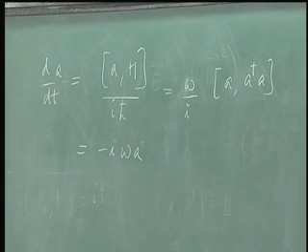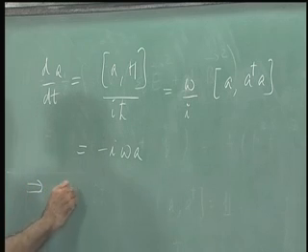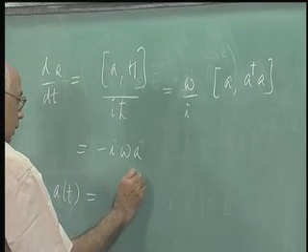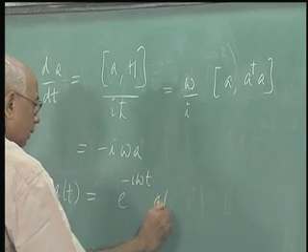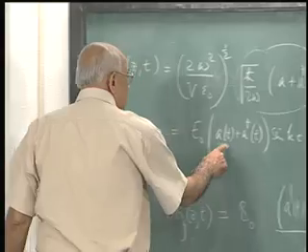And what is the solution to this? This implies A of t equal to, just the exponential, so e to the minus i omega t A of 0, okay. And that is all you have to put in here.